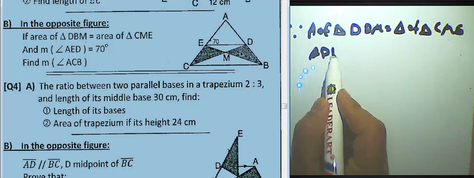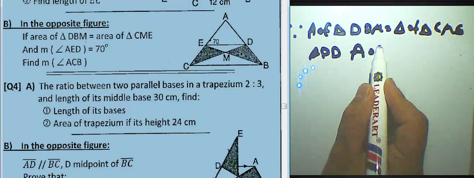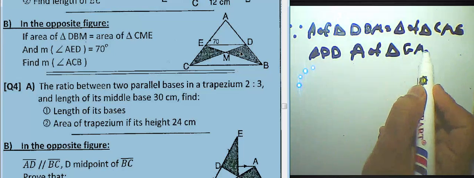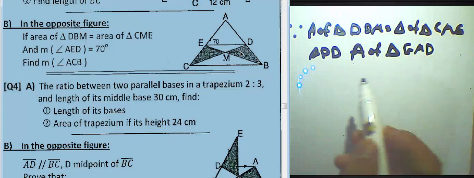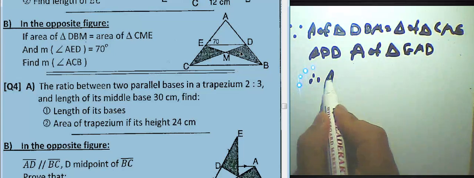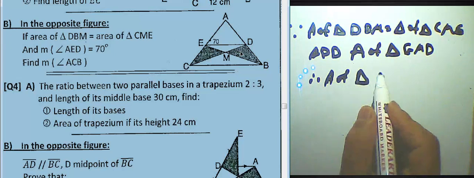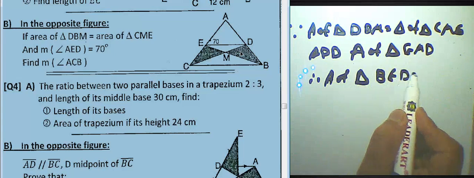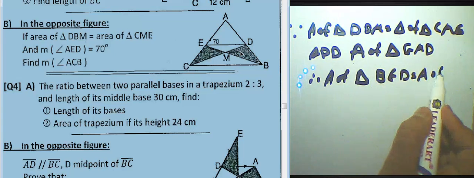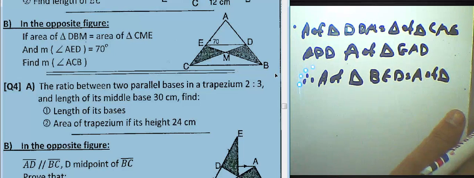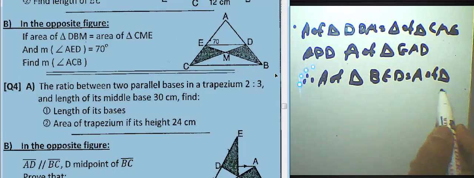Adding the area of triangle EMD to the left-hand side and right-hand side, we get the area of triangle BED equals the area of triangle CDE.